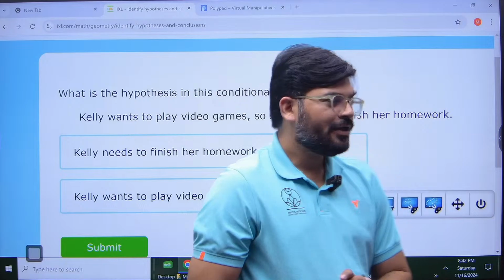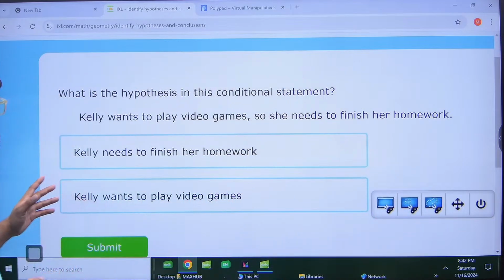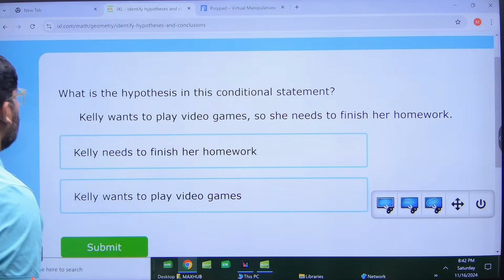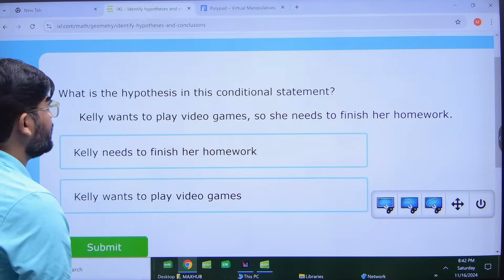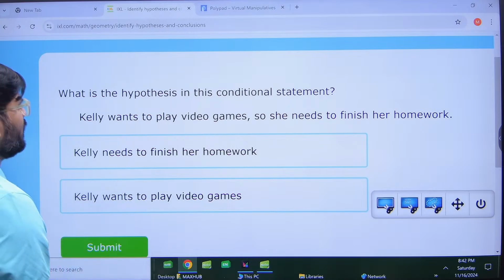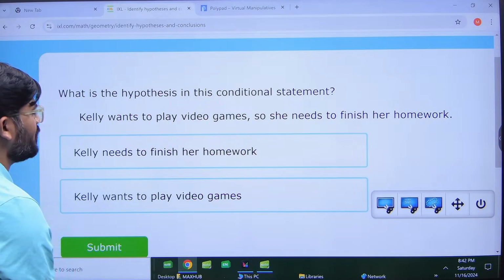What is the hypothesis in this conditional statement? Kelly wants to play video games, so she needs to finish her homework.